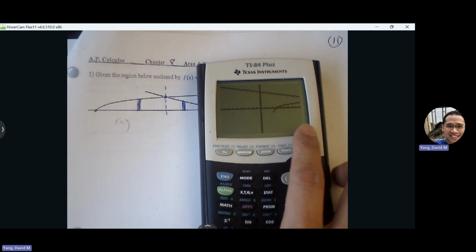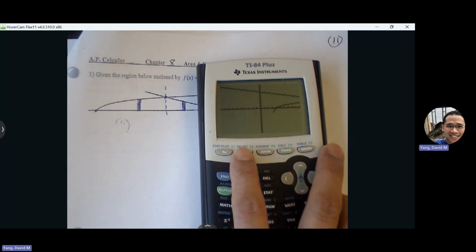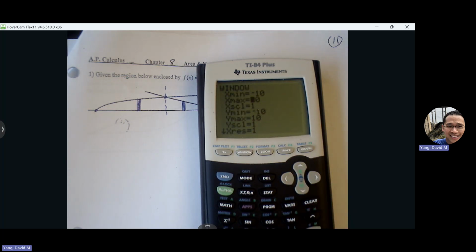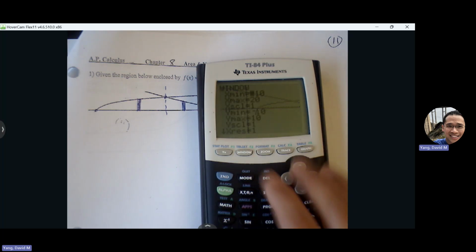Graph is getting cut off. If I go from -10 to 10 or standard windows, I'm going to push my window out, x max maybe like 20, just so I can see more of the graph. Still not enough. Let me go up to 30.